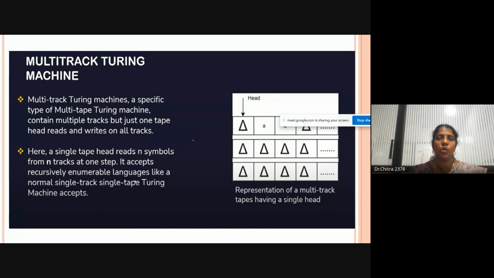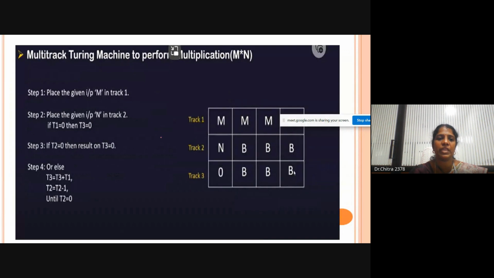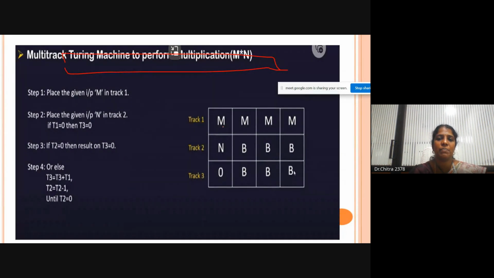For example, you want to calculate the multiplication of 3 numbers. A multi-track Turing machine can be used for this. Here m is the multiplicand, and how many times you want to multiply is given in the second track. Then we know that multiplication is repeated addition. The repeated addition is performed and the result is modified in track 3.